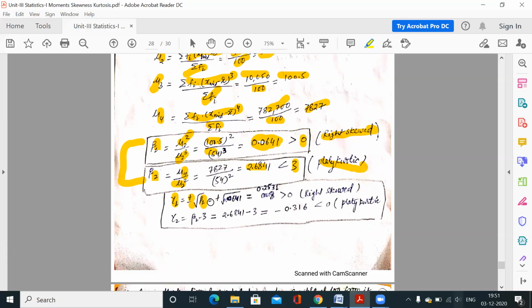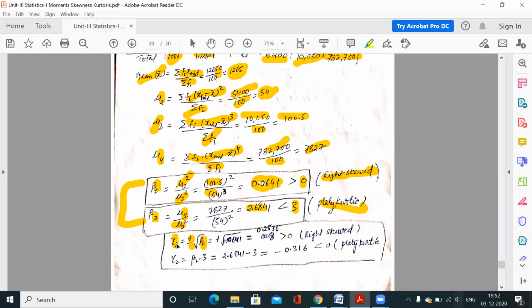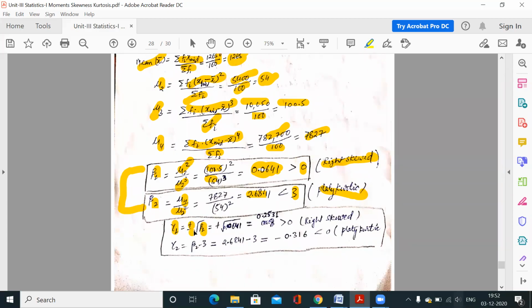Clear? Now mu3 is positive, so gamma 1 would be positive. So gamma 1 is equal to the square root of beta 1. Beta 1 is 0.06, so the square root of 0.06 is 0.25, which is greater than 0, again right skewed.